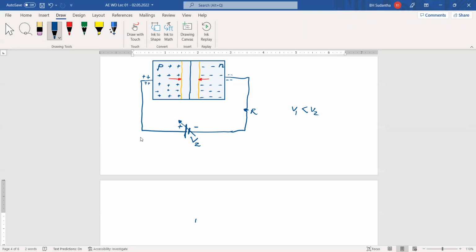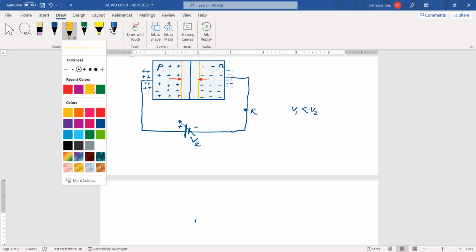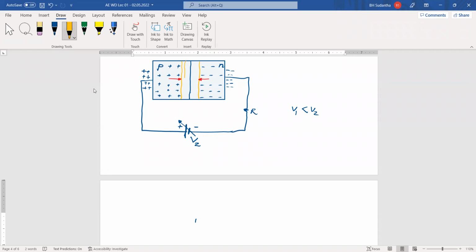Now, because of that, more positive charges are here, more negative charges are here. Then what will happen? Then this depletion layer will be narrow. And this force, here we have much more force. Because of that, the width of the depletion layer will be reduced.